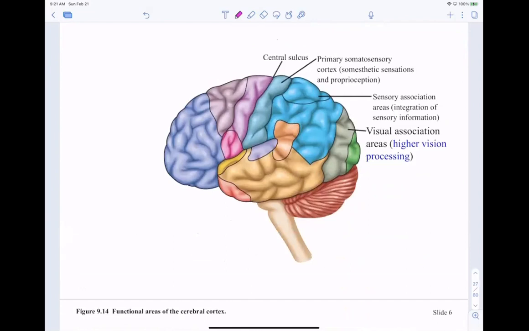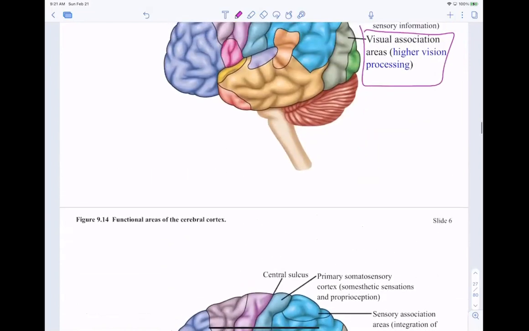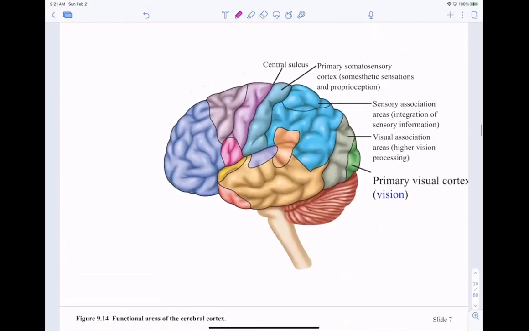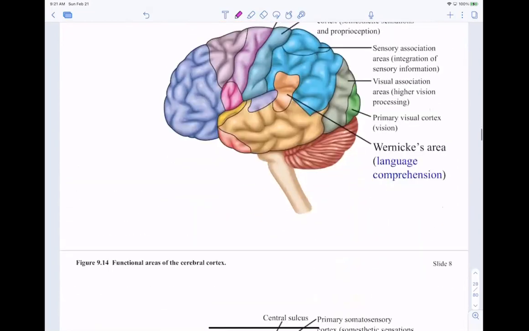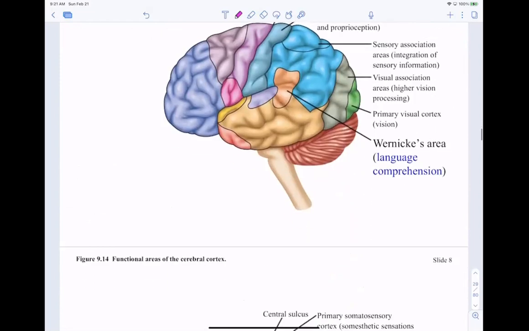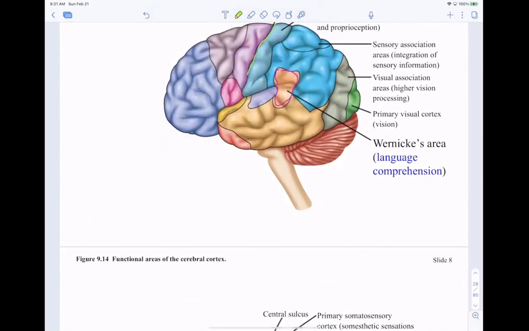As you get to the occipital lobe, you have the vision, primary visual cortex, and visual association area. You have Wernicke's. This is for understanding language, right? And again, Wernicke's is in the back, behind the central sulcus.